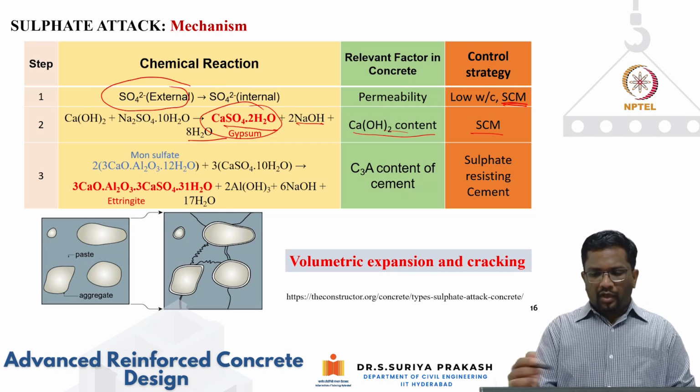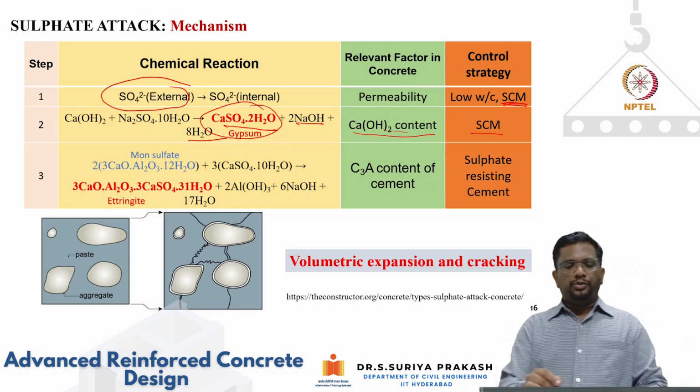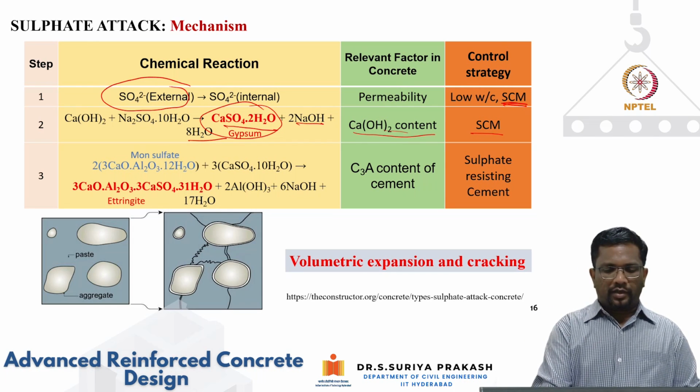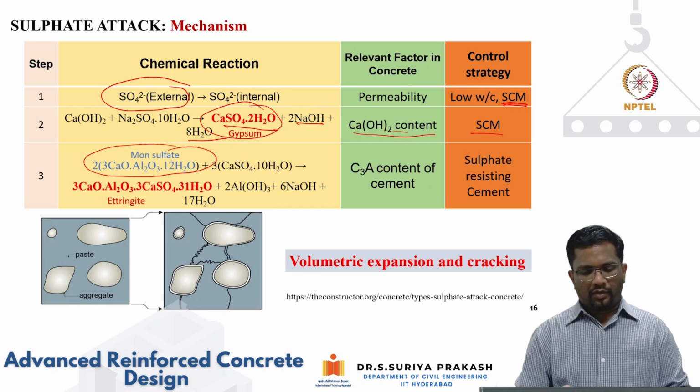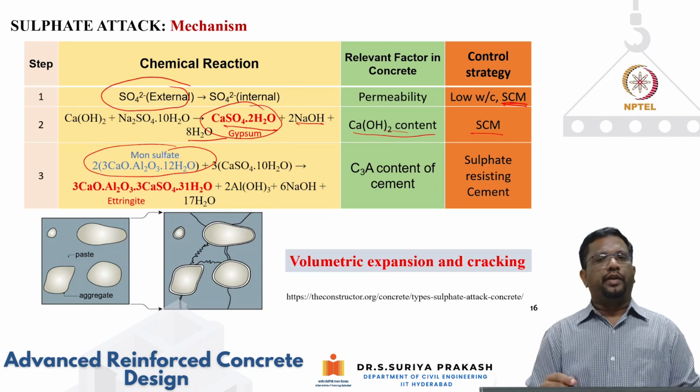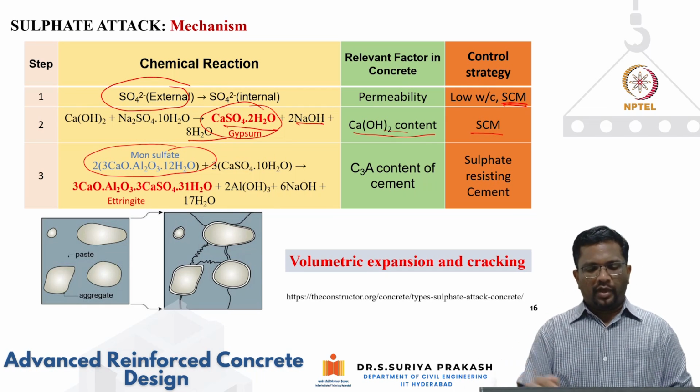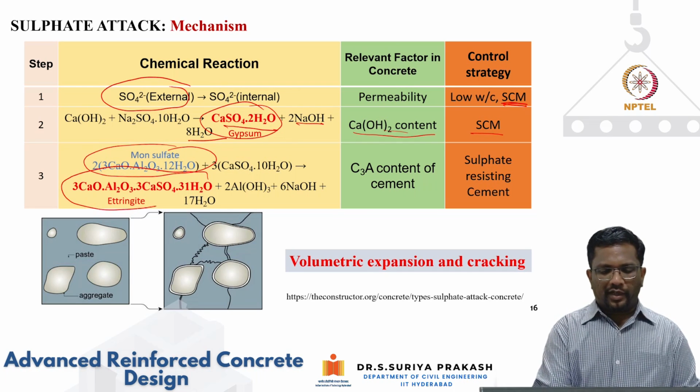Usually when you have higher C3A content, this will form monosulfate at the initial stage, which is a more stable product. Then it can react with the gypsum if it is available, and form ettringite at a later stage.